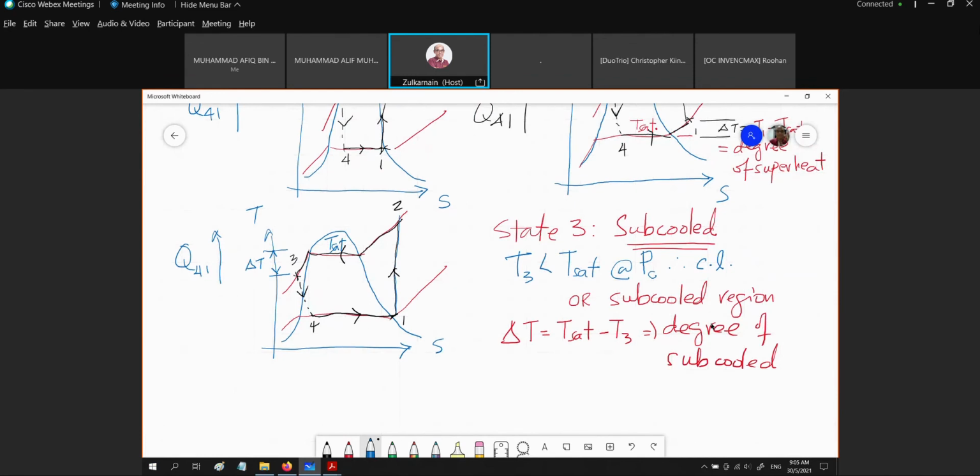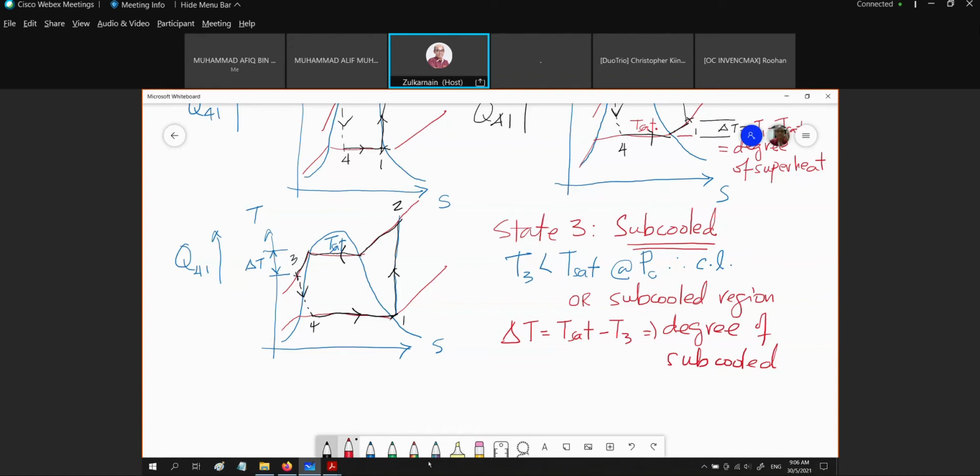And if we look at the compressor side, sometimes we have what is called the isentropic efficiency, which means it is not an ideal compression process in our compressor. We have losses or irreversibilities.